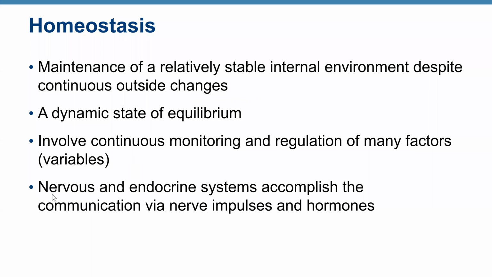So if you have nervous and endocrine systems and you don't have a cardiovascular system that works hard to keep your parameters constant, then you still might end up with illness and a very dangerous condition. So nervous and endocrine systems control homeostasis. However, all 11 body systems work together to maintain homeostasis.